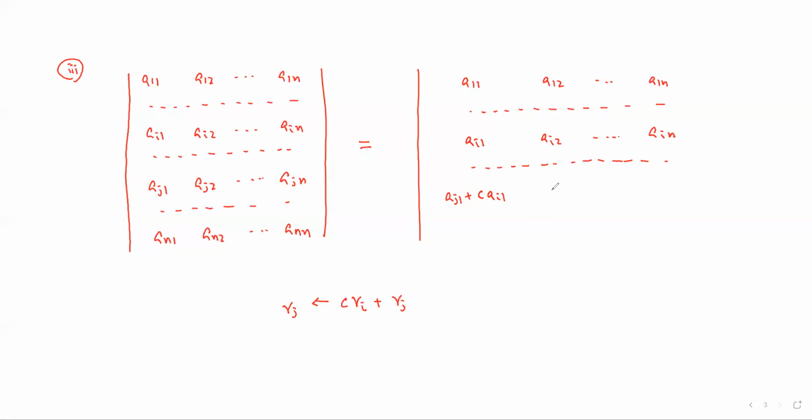Then the second entry on row j, c times this entry added to this entry, so a_j2 plus c a_i2, and so on, up to a_jn plus c a_in. Only row j is changed by this operation. So the bottom row is still the same.